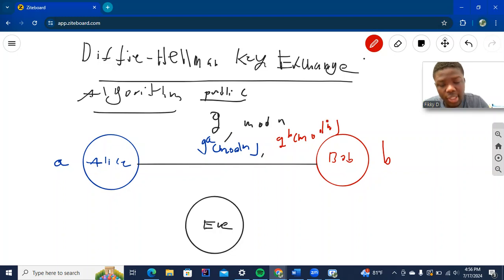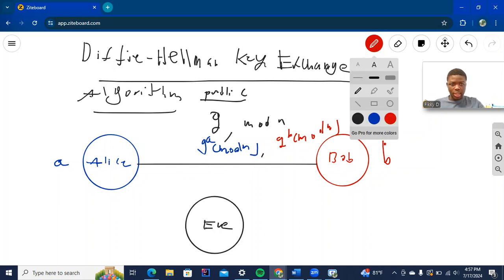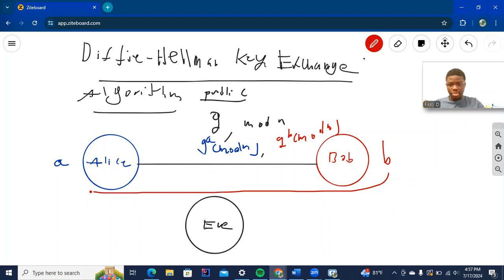Now, they need to communicate a secret message. And so the way that they do this, the sort of shared secret key between Alice and Bob, is they exchange A and B. So basically, Bob will trade his B over here to Alice so that she can see it, and then Alice will trade her A over to Bob over here so that Bob can see it.